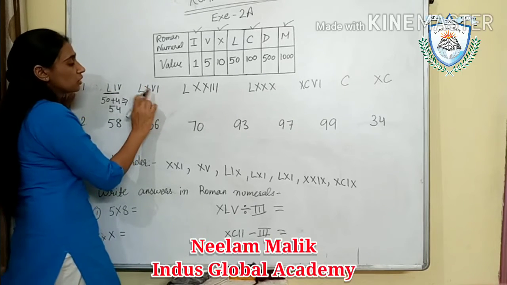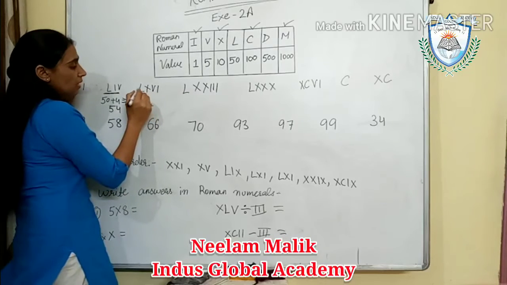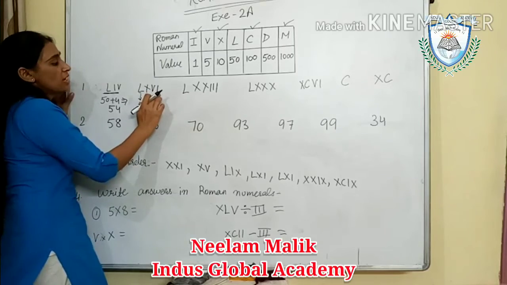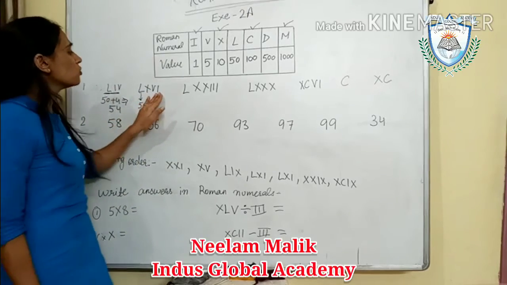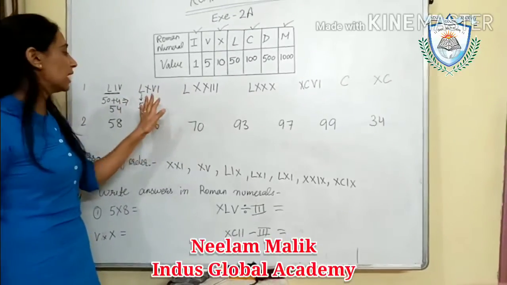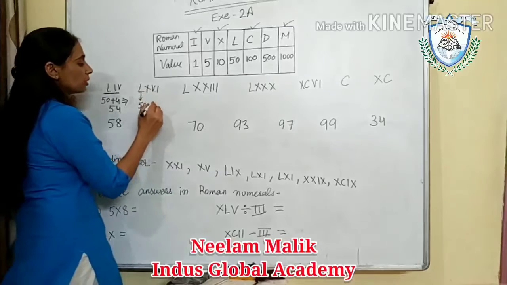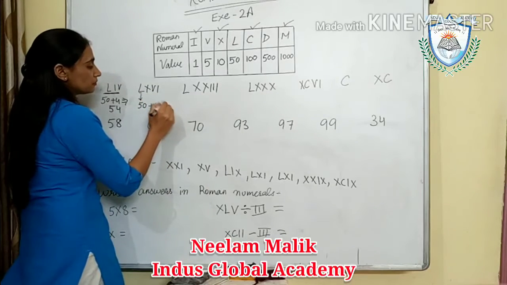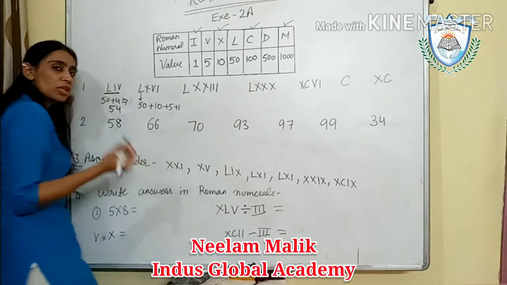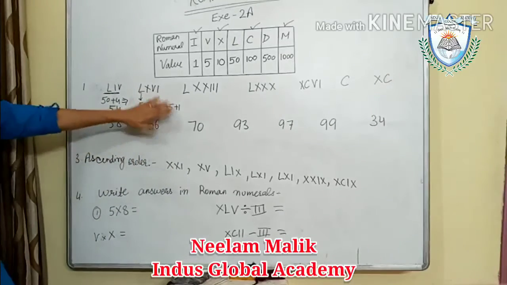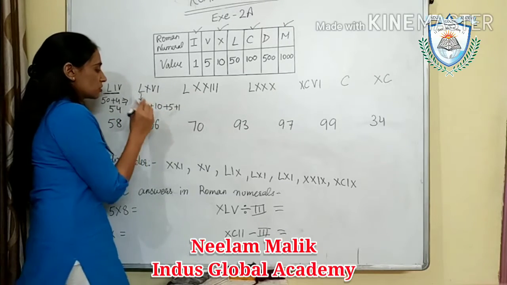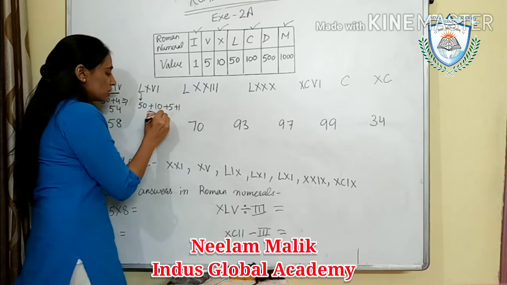There is X and there is V, so this is L 50, this is X 10, this is V 5, and this is I. This smaller numeral is on the right hand side, it is not in between. So this is 10, this is 5, and this is 1. They are in one sequence, so we just add them. 50, 60, 65, 66.